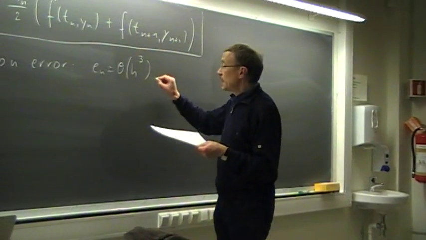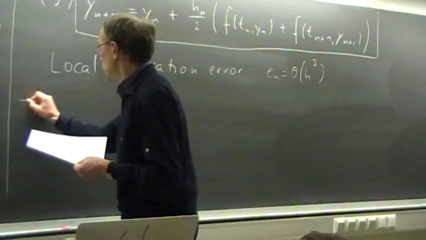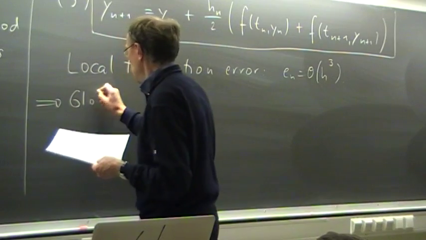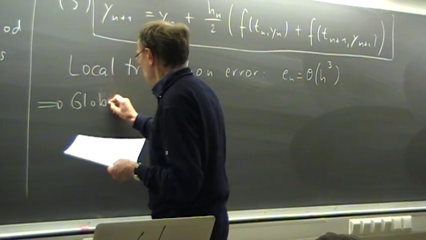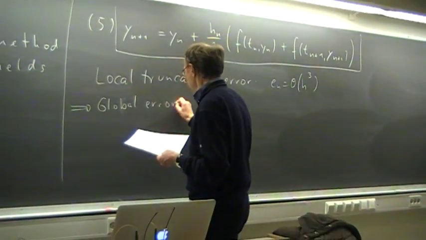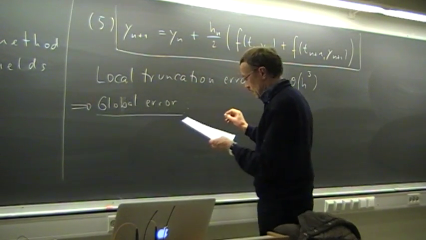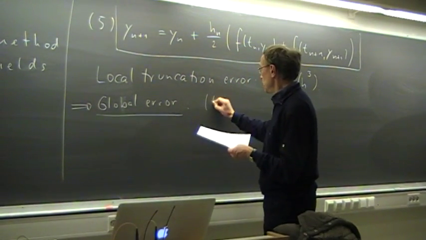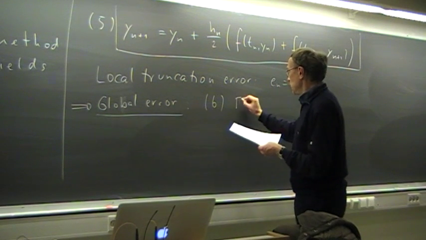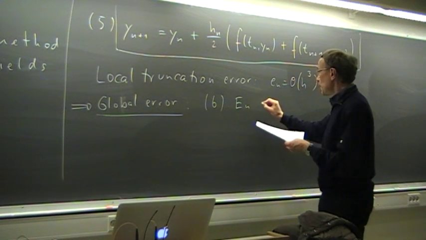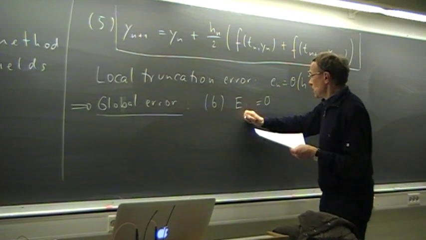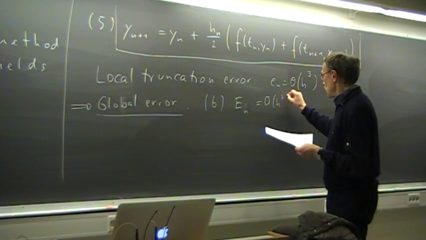And from that we get the global error by the argument that we had taken before. Global error, the order of the method, is order h squared.